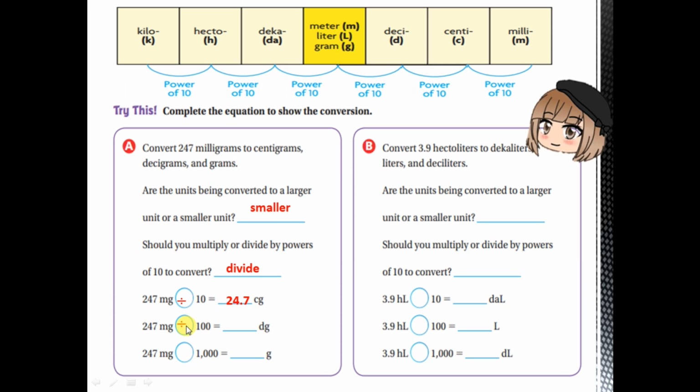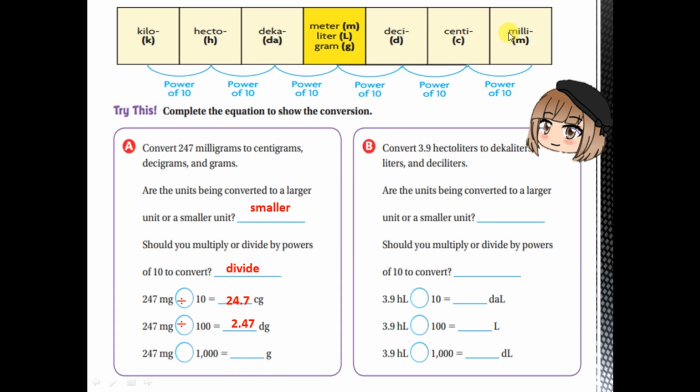And this means if I divide, the decimal point will move to the left 2 places. So the decimal point here will move 2 places to the left. So it will be between 2 and 4. So it will be 2.47. And again, the same number in milligrams.